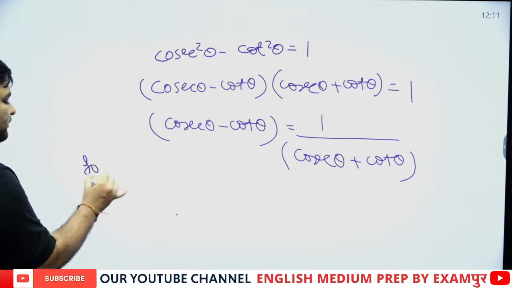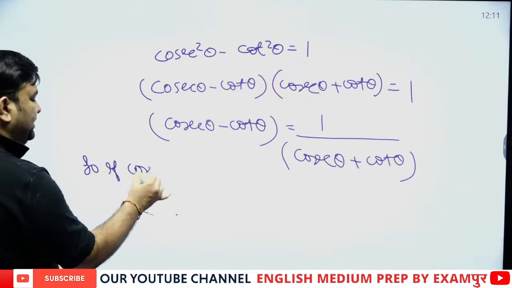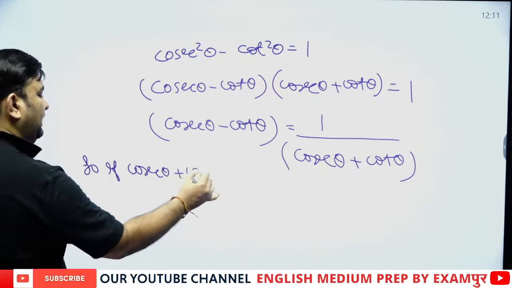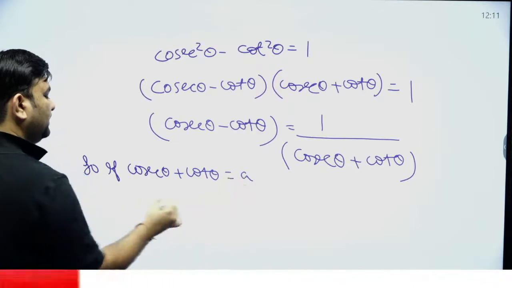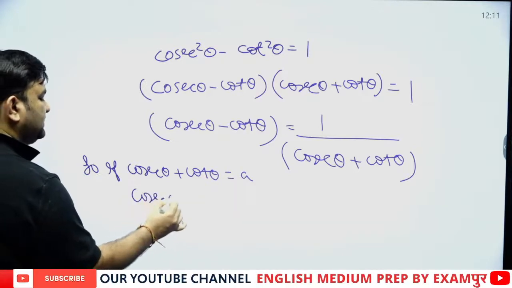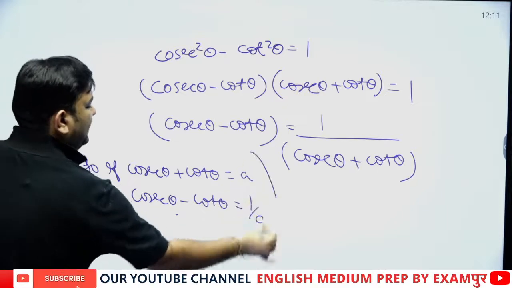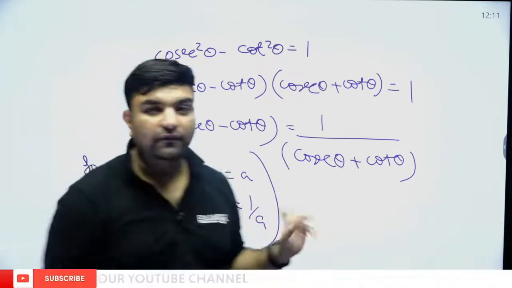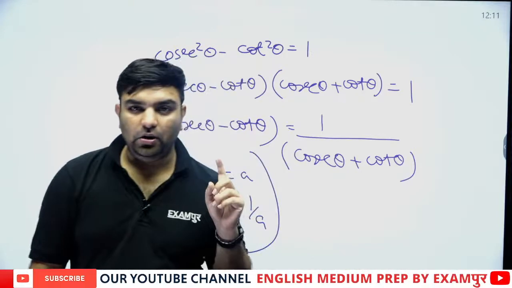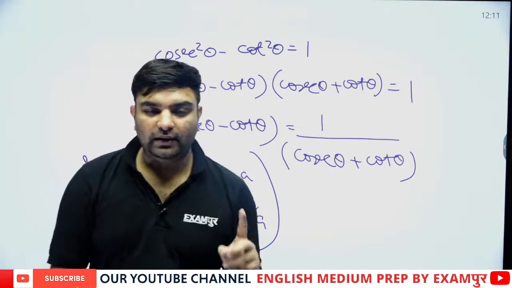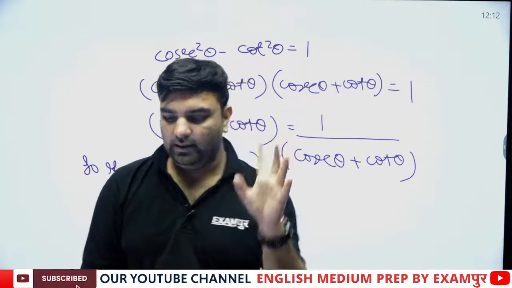So if cosec theta plus cot theta is A, then cosec theta minus cot theta is 1 by A. Clear?